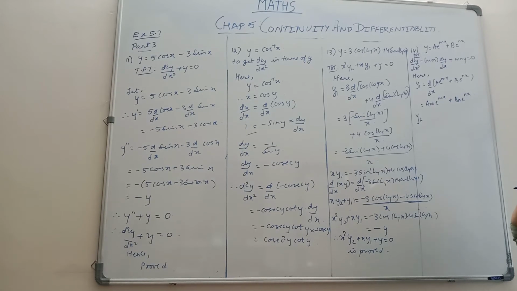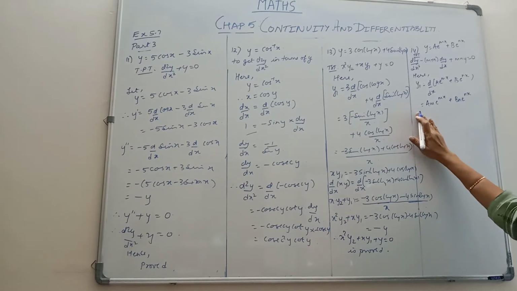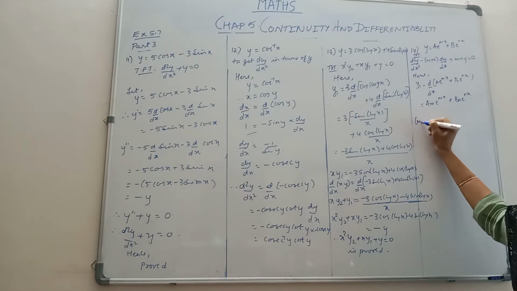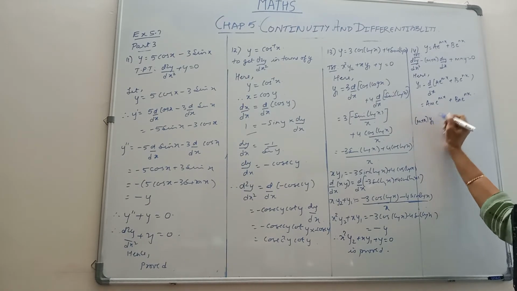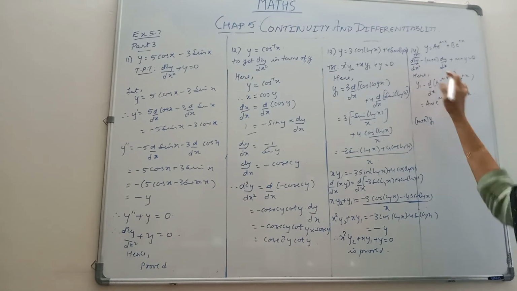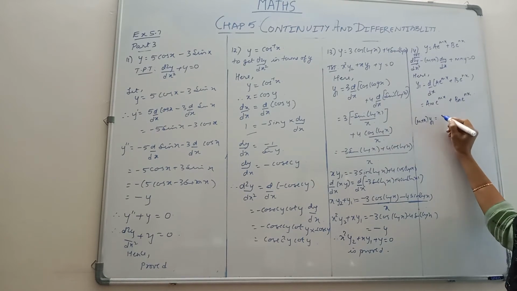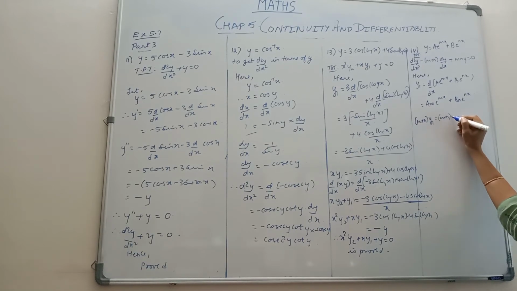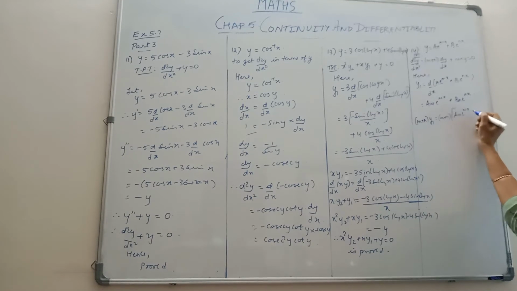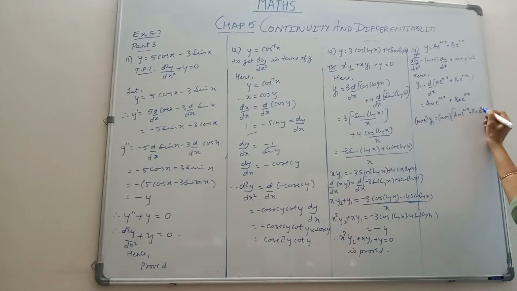They are asking for m plus n times y1. Let's do it then, m plus n times y1. Now you should always have an eye on the goal there, then only your work will be simpler. So that means it is m plus n times this, a m e raised to mx plus b n e raised to nx.